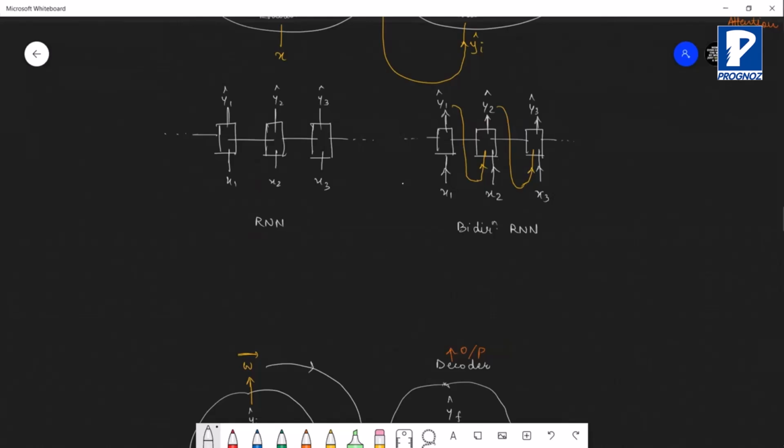But in case of BERT, you use bidirectional RNN. So I will just mention this point also. This is used in case of transformer. Okay, bidirectional RNN जो है ये यूज होता है BERT के केस में.